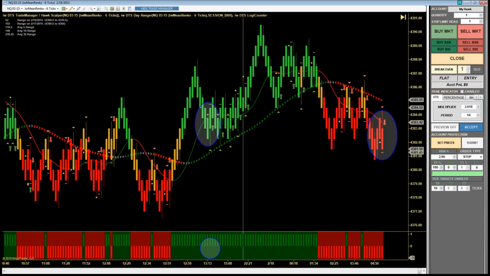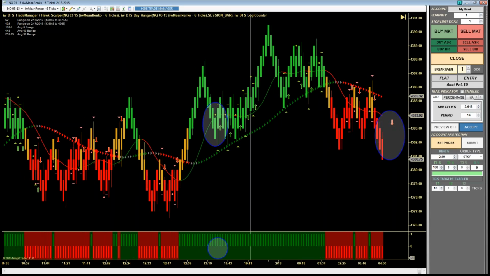We want everything to be green, as it is back here, and we buy. Those are your highest probability signals. And with the Hawk, the highest probability signal is what we refer to as the first micro-macro cross.